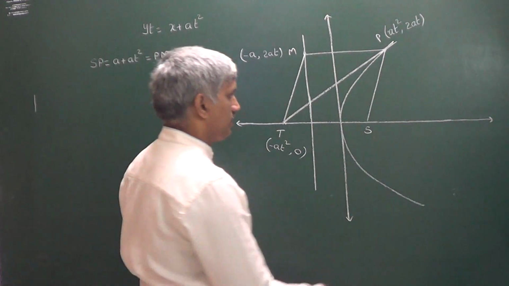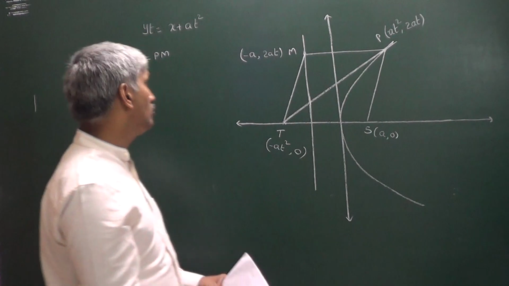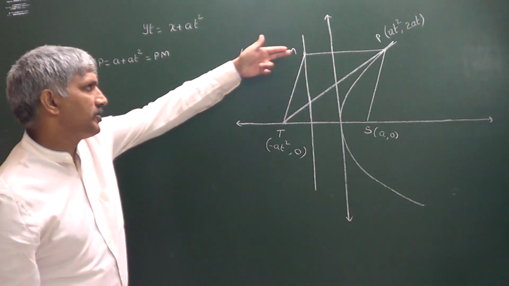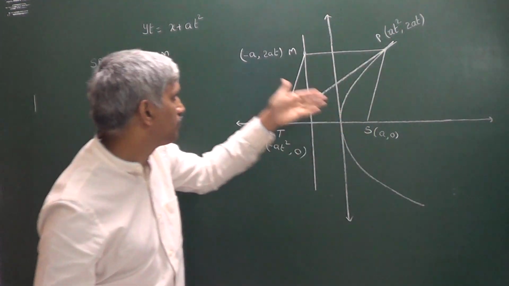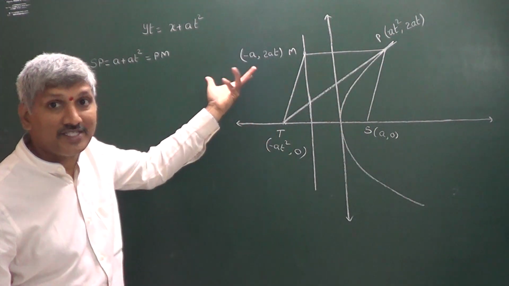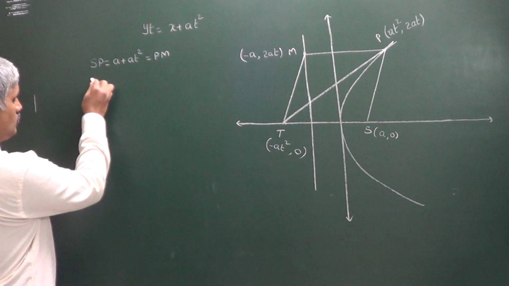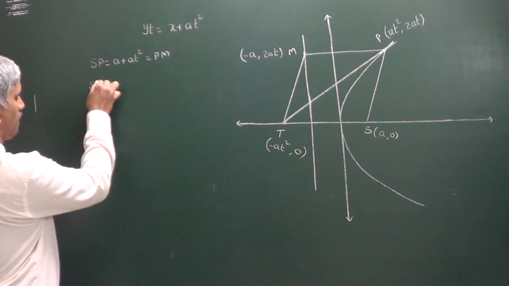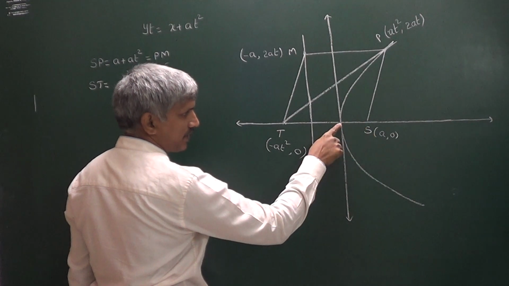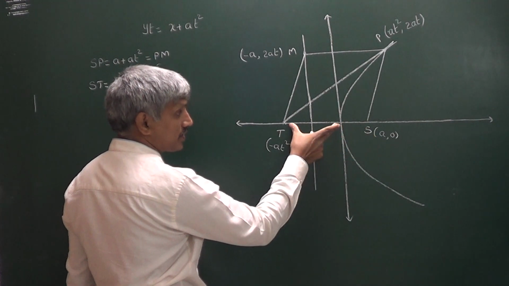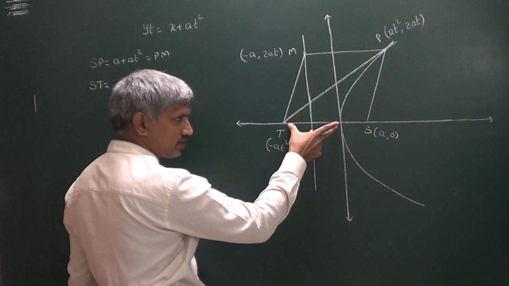If you observe, point S is (a, 0). We got SP equal to a plus at². No need to find the distance between these two points; if you observe them, the distance is the same. That is why MT equals ST. ST: this distance is a, because this is the vertex of the parabola, and this length is equal to at².